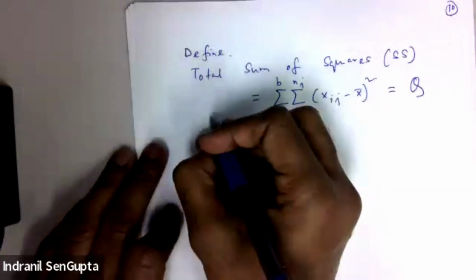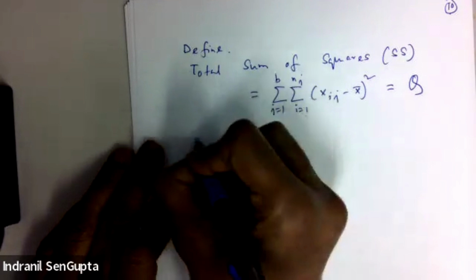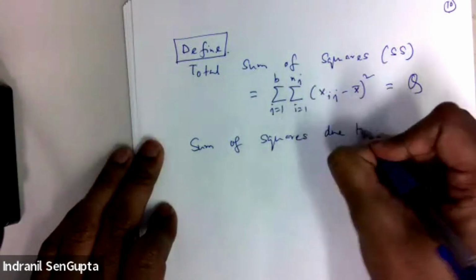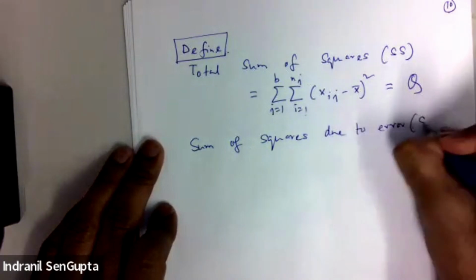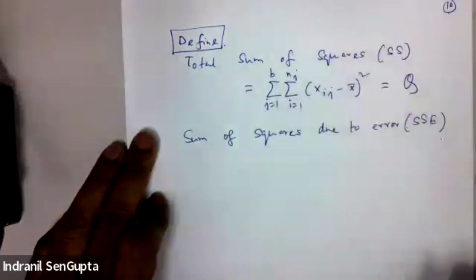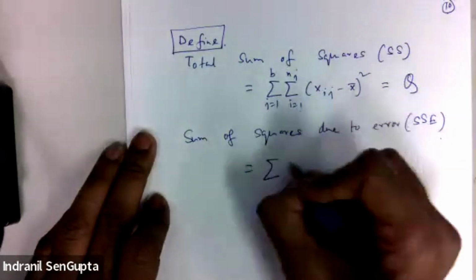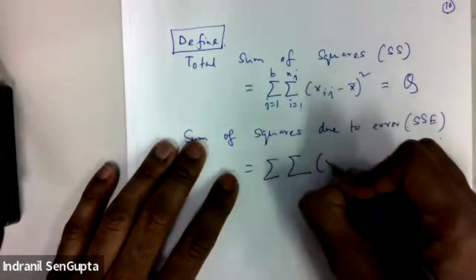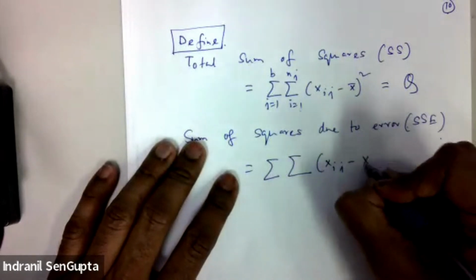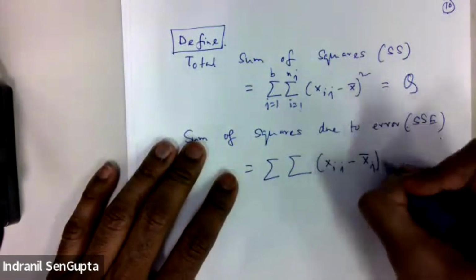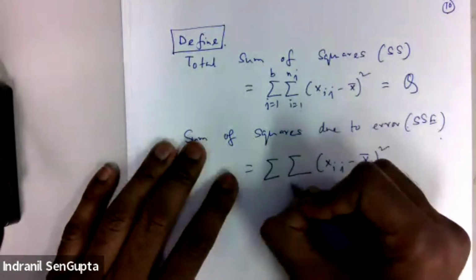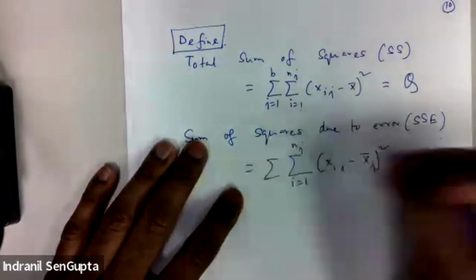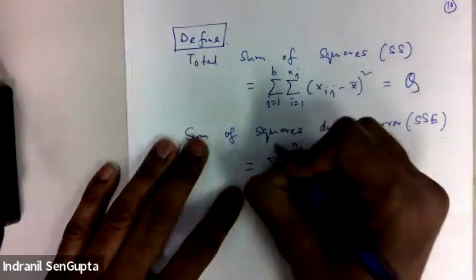And now we'll be defining the sum of squares due to error, which is SSE, and we'll be defining this as xij minus xj bar squared, i from 1 to n sub j, and j from 1 to b.